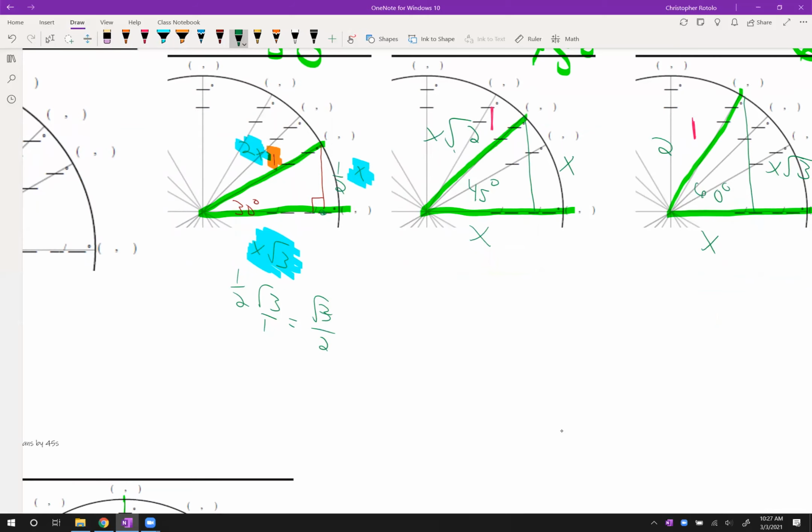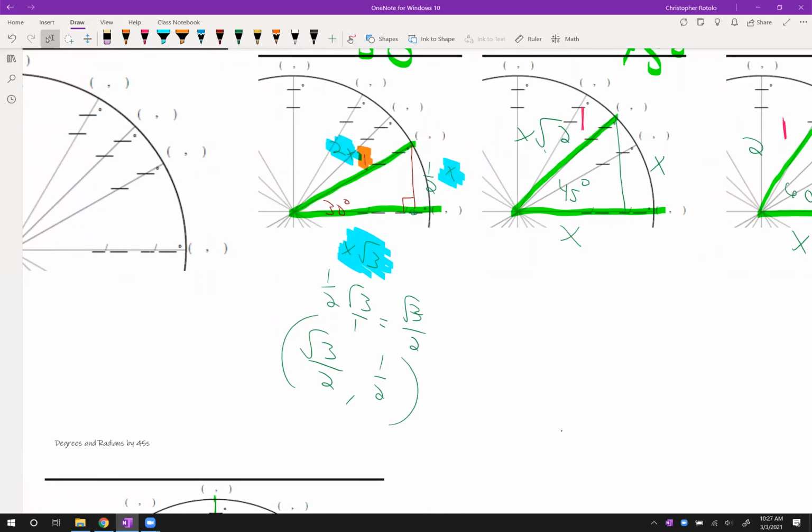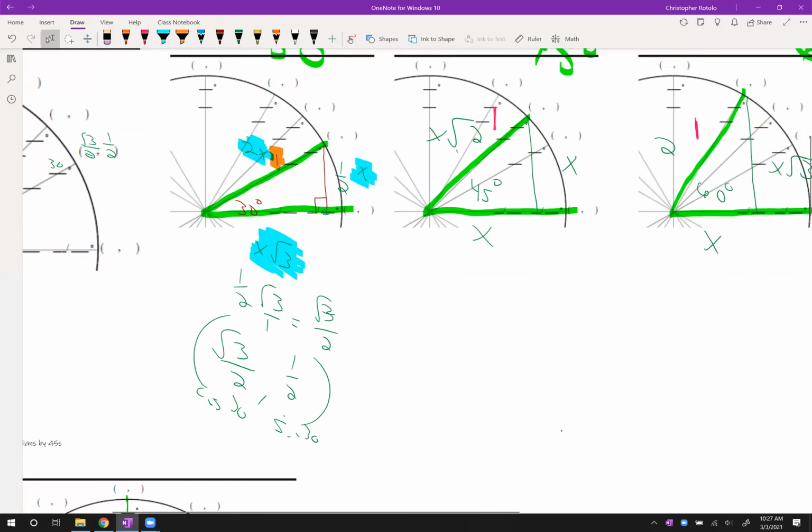So my x coordinate is the square root of 3 over 2, and the y coordinate, notice I'm going up 1 half, is 1 half. So over here at 30 degrees, I can fill in root 3 over 2, comma, 1 half. It's cosine of 30 and then sine of 30.